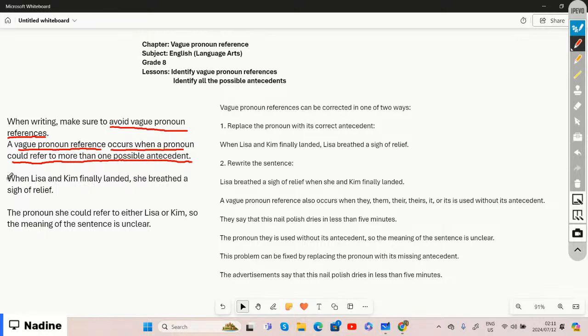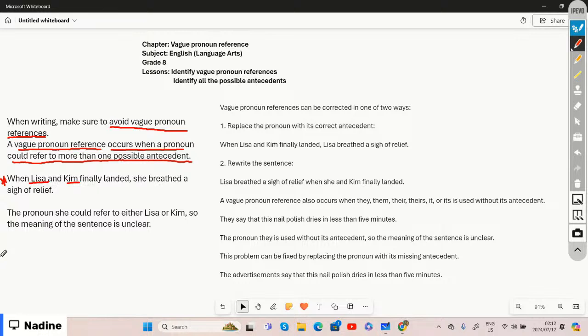If we look at an example, when Lisa and Kim finally landed, she breathed a sigh of relief. We are making mention of two people within the sentence, Lisa and Kim. Both of them finally landed; they basically just got off a plane.